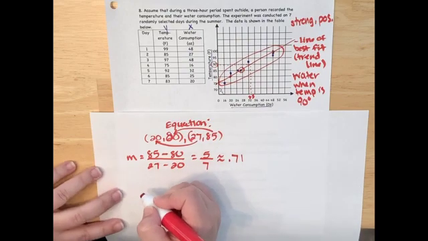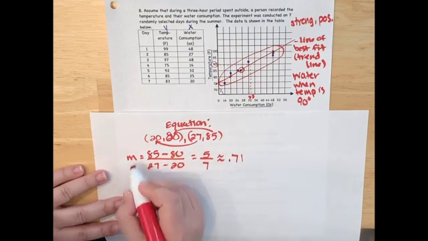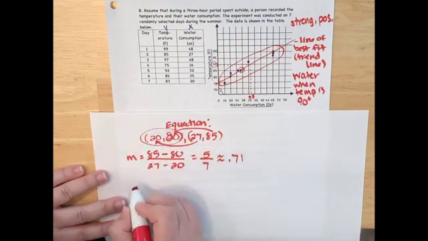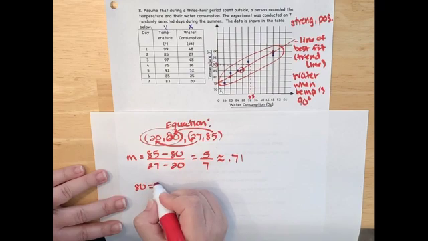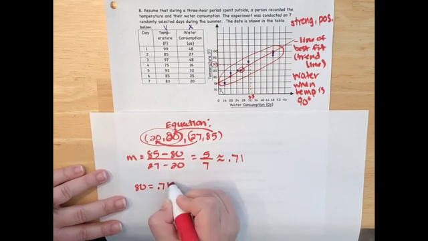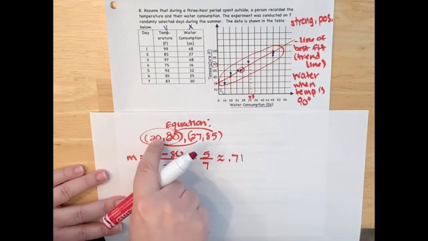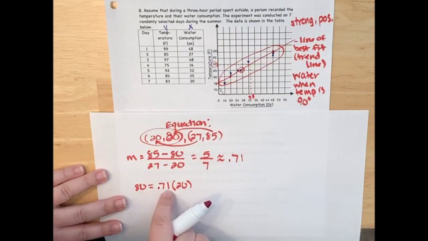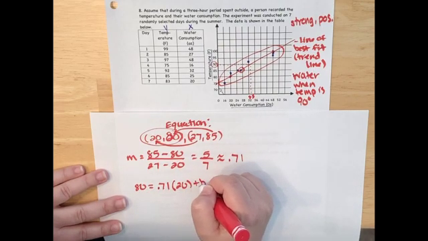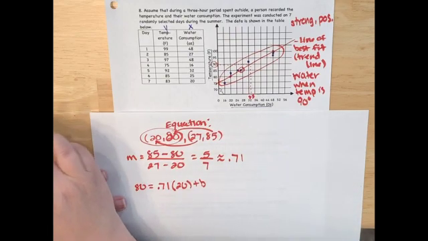Now let's find the y-intercept. So I'm going to use the first point and the slope. So y, which was 80, is equal to the slope times x. y equals mx, don't forget the plus b, so you know what you're solving for.